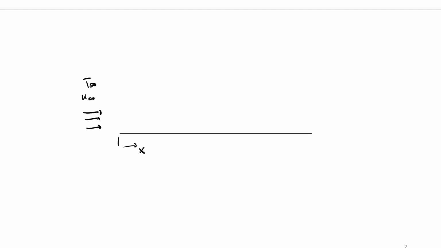Okay, so then let's just kind of sketch out what it looks like when we transition and get to some definitions here. All right, so let's sketch our plate again here. We have flow coming in, u infinity, t infinity, and position x here, and then this is position y.